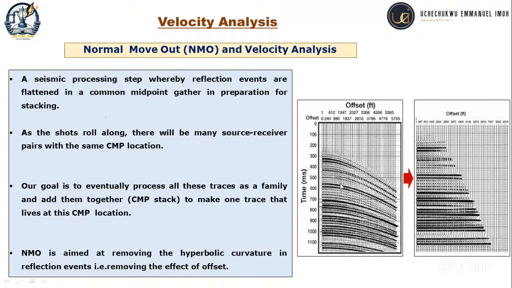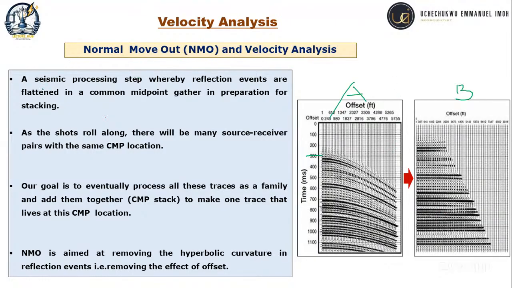In the first image, which I'll label A, you have the hyperbolic shape, and in the one labeled B, the hyperbolic shape has been flattened out. You're using the normal moveout correction and the velocity function to flatten the hyperbolic event. That is what velocity analysis is.